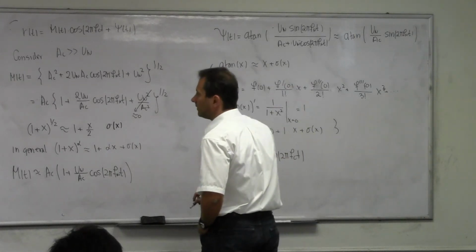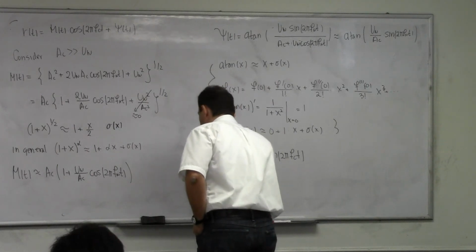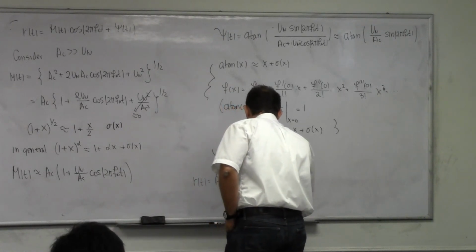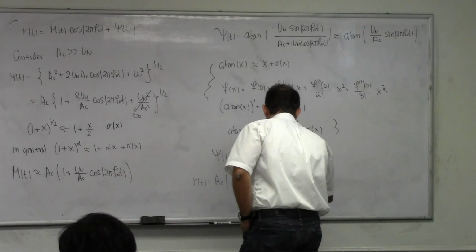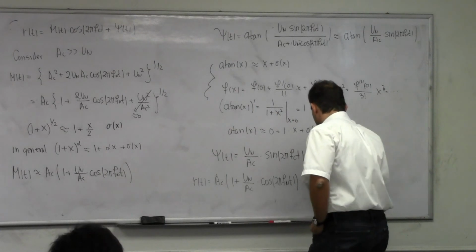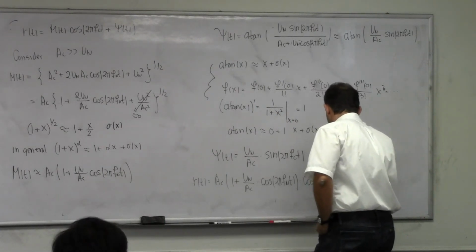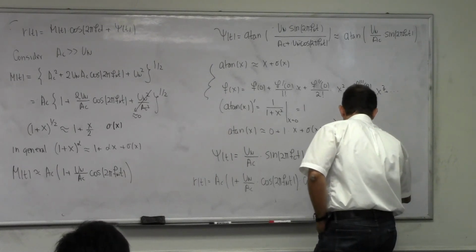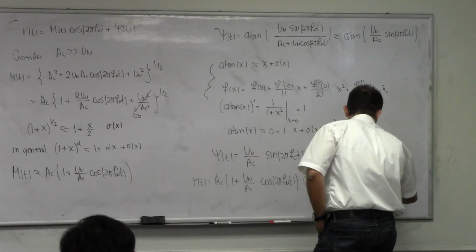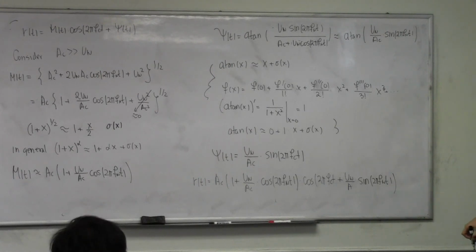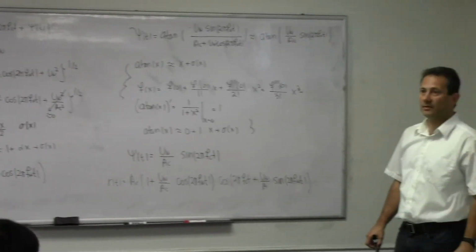So finally, I can simplify my r(t) as AC times 1 plus UN over AC times cosine of 2 pi Fn t, times cosine of 2 pi Fc t plus UN over AC times sine of 2 pi Fn t. So that's the approximate relationship, assuming a high input signal to interference ratio. Okay, any questions so far?